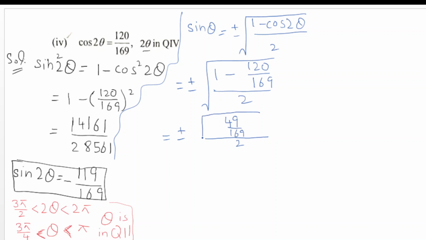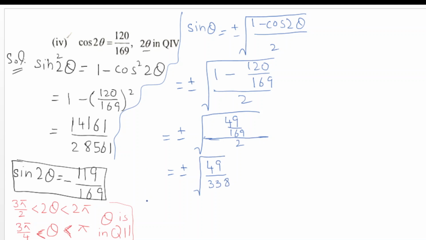You need to take care about the main fraction that is in front of us. This is the main fraction, so the 2 will not cancel out over here. The 2 will multiply with 169 simply. So that will be 49 by 338.